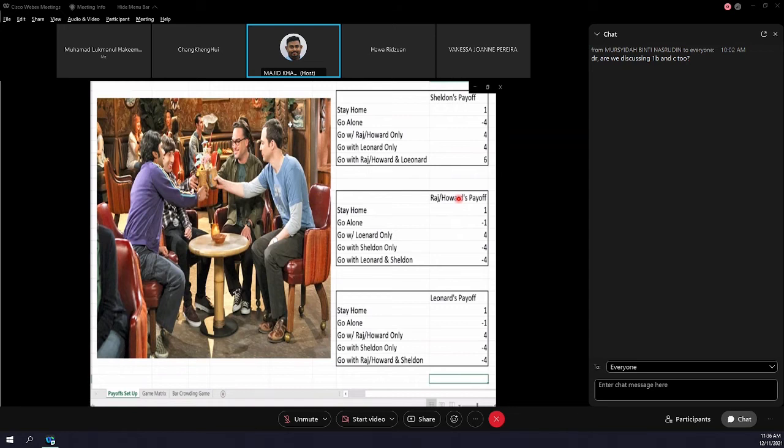So that's why their payoff is not as high as Sheldon's. But when they go with Leonard, Howard and Raj are really thick friends with Leonard compared to Sheldon. That's why when they go with Leonard, they feel very happy and their payoff will be 4.